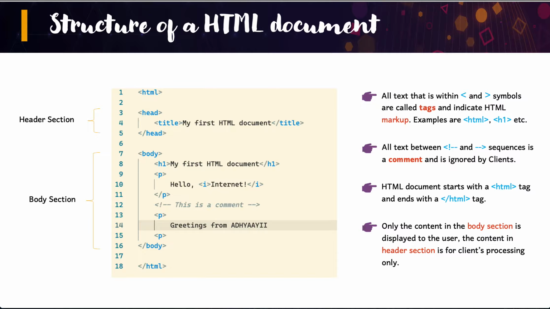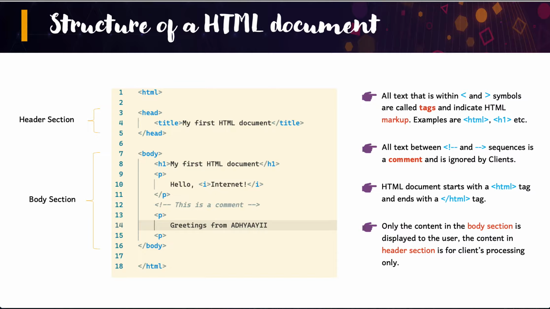Any such comment is essentially ignored by the client. It won't be useful for rendering or any part displayed. At least that is how it is today. Previously there were cases where some comments were useful to have some new sequences, but that's old history. Right now, for all practical purposes and for the purposes of these lessons, these are pure HTML comments and they are ignored by the clients.